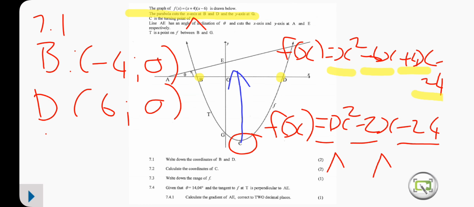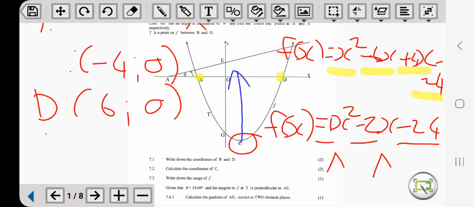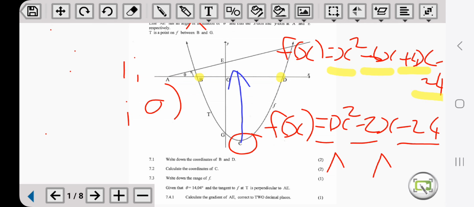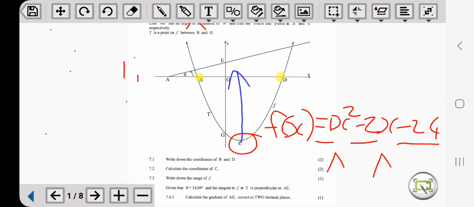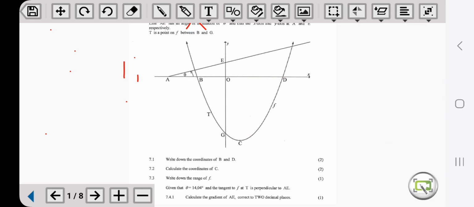The last question. Calculate the gradient of AE correct to 2 decimal places. Now the gradient of AE, as you can see here, is on the line that's connected to theta.